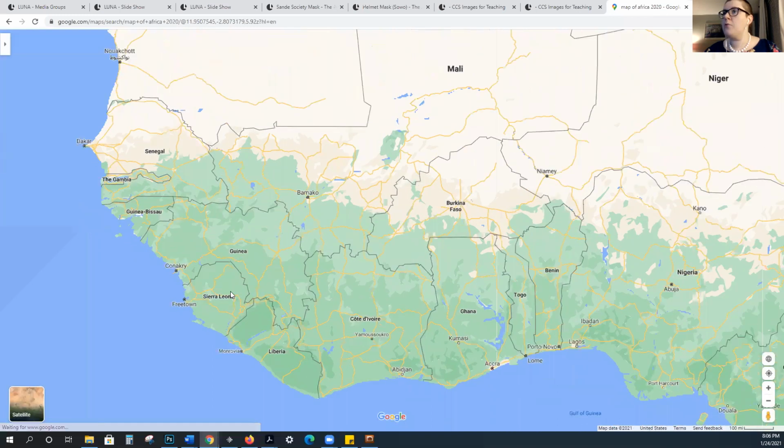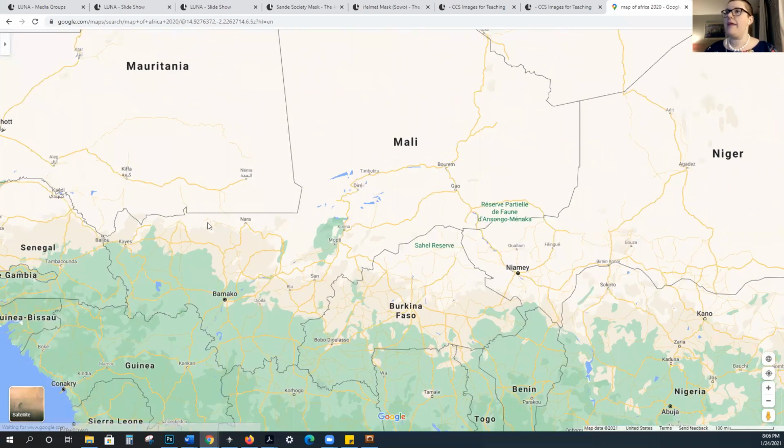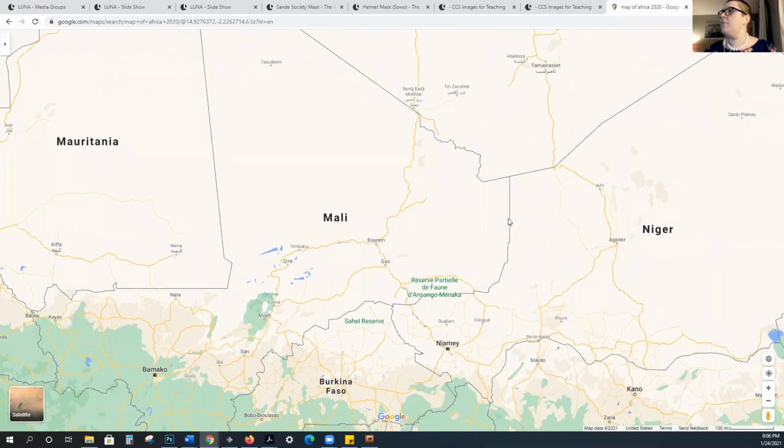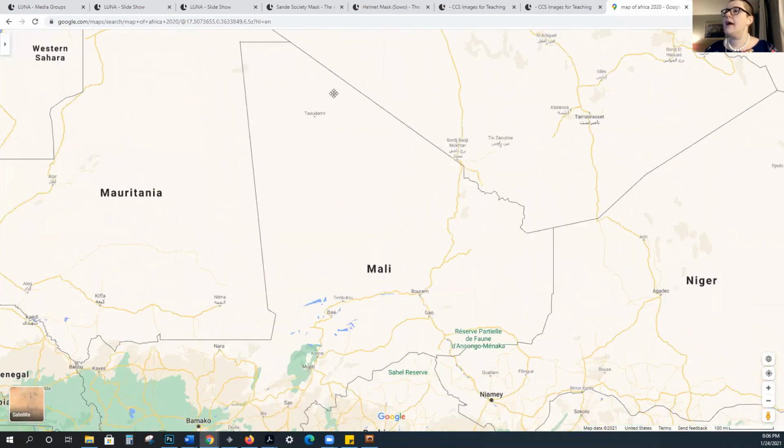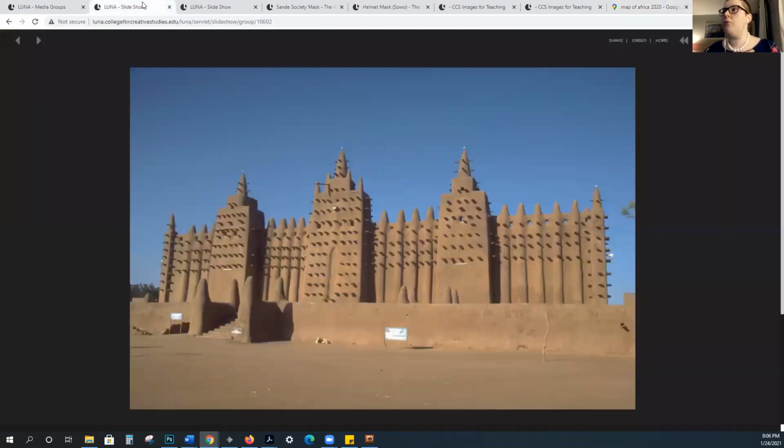So Sierra Leone is where the salt cellars were from, and then Liberia has the Mende people group who have the Sowe society, the Sowe masking as part of the Sande society. So we're going to look now at Mali, which you can see here is quite large.